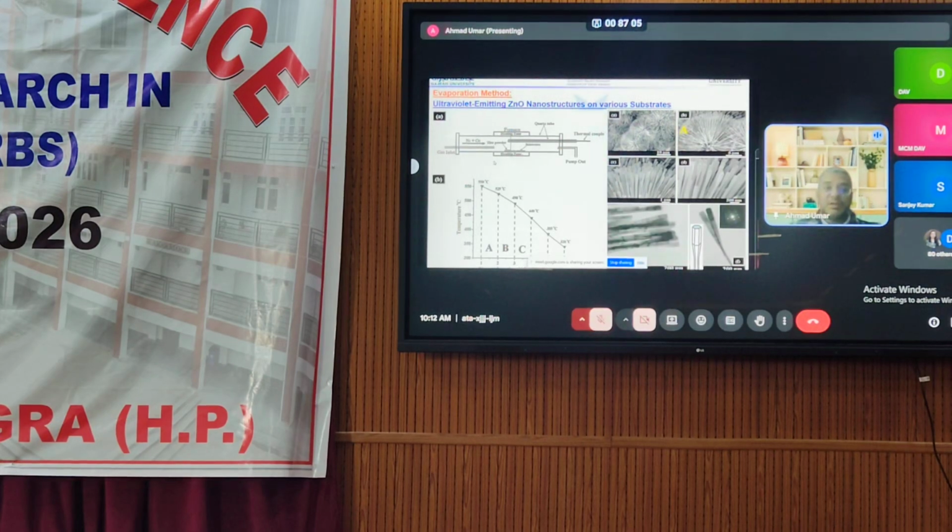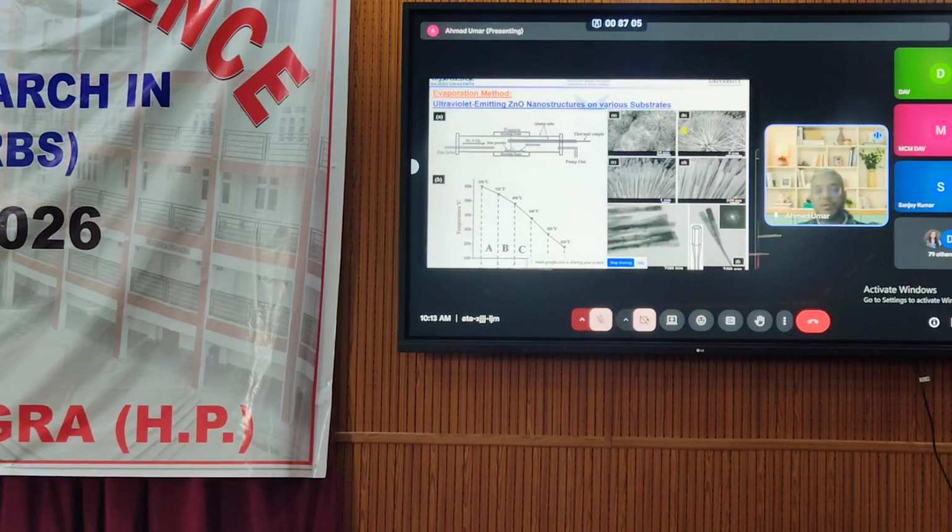During this reaction, we heat our zinc powder above the evaporation temperature of zinc. Once we increase the temperature, the zinc powder evaporates and makes zinc vapor, which reacts with oxygen and condenses in the lower temperature region, on the substrates.